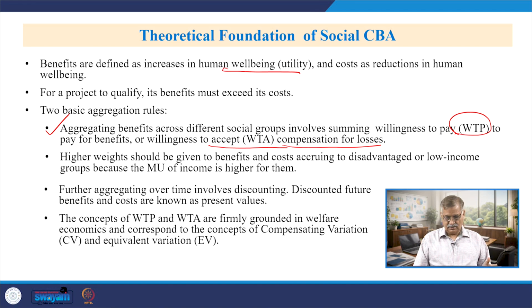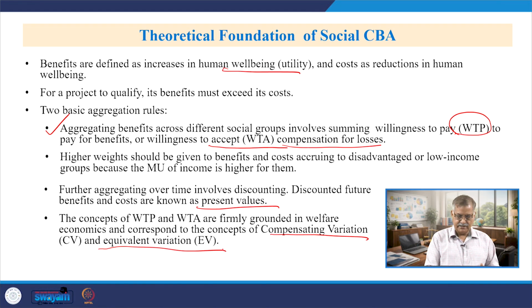I discussed it earlier in the issues associated with cost benefit analysis. Discounted future benefits and costs are known as present values. Here, the concepts of willingness to pay and willingness to accept are firmly grounded in welfare economics and correspond to the concepts of compensated variation and equivalent variation.